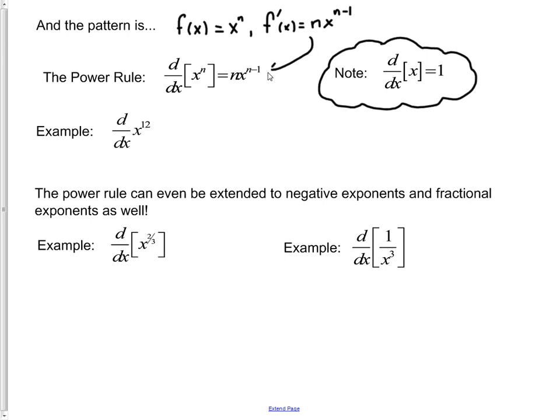This is our derivative rule rendered in the d/dx notation. The derivative with respect to x of x to the n is n times x to the n minus 1.